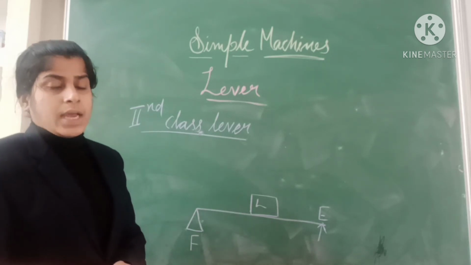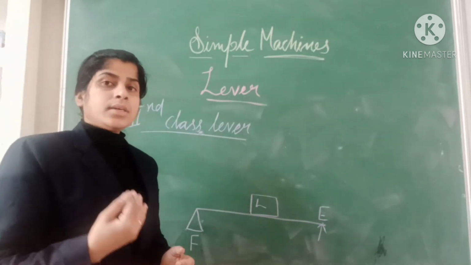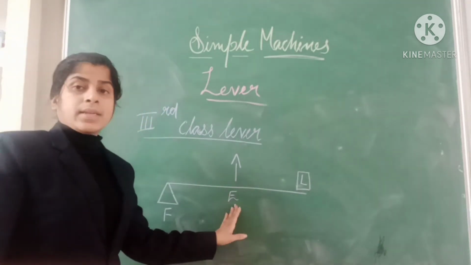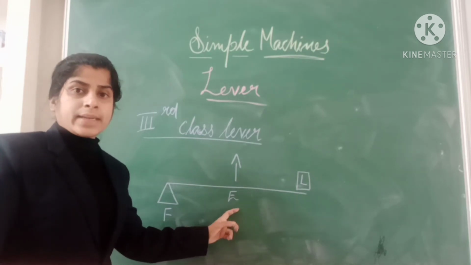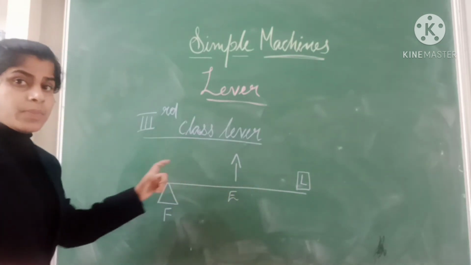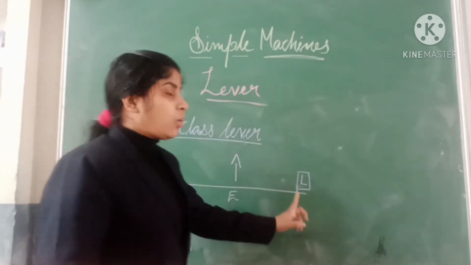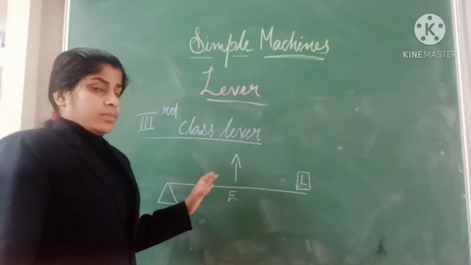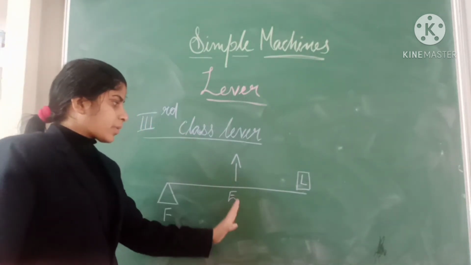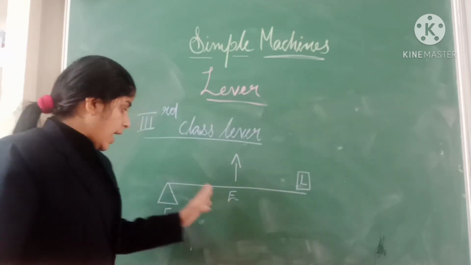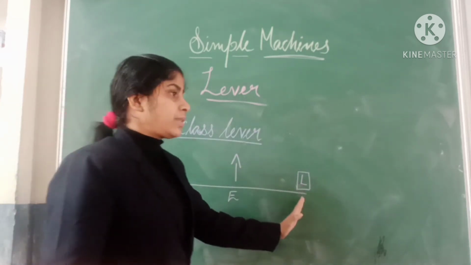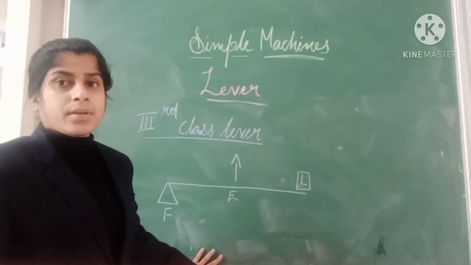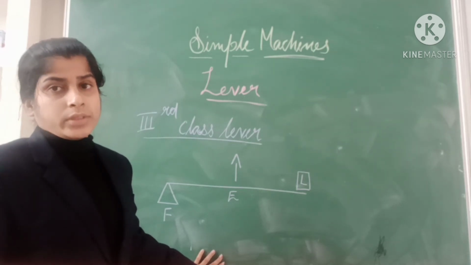Next we are going to discuss the third class lever. In this type of lever, the effort lies in the center, the fulcrum acts on one end and the load acts on the other end of the lever. Examples are fire tongs and a fishing rod.